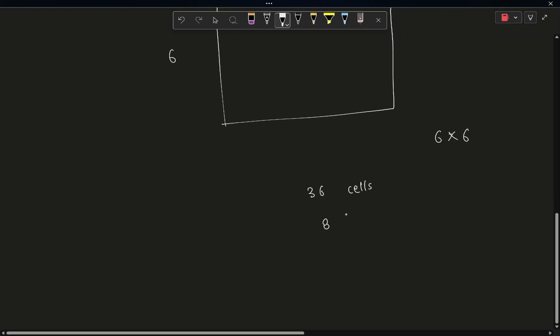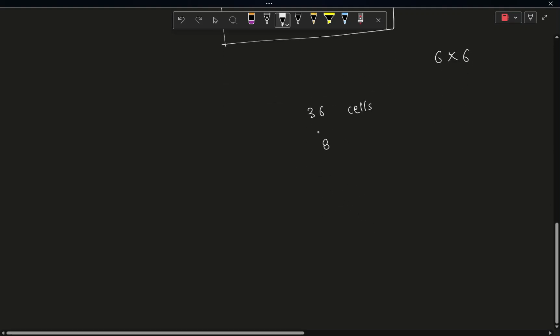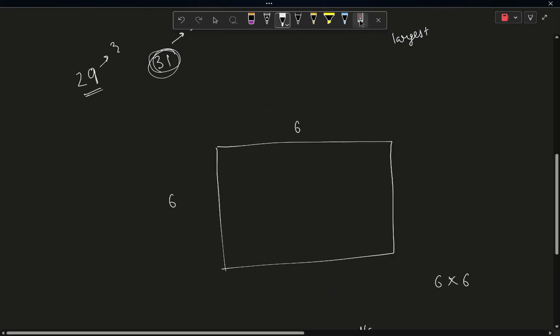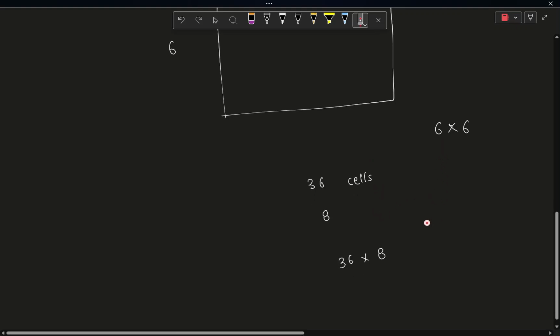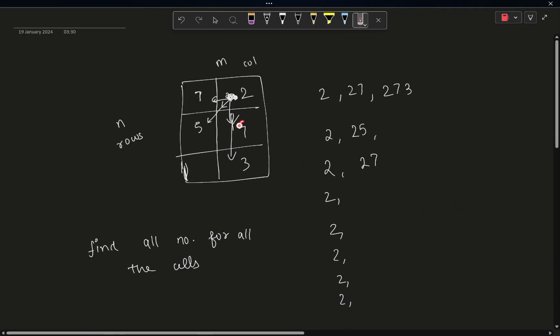So there will be only 36 cells at the maximum from where we have to find the paths. There are only 8 paths for any cell, right? So there are only 36 into 8 paths, and for every path the time complexity depends on how far it goes.